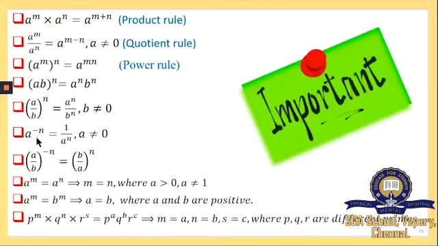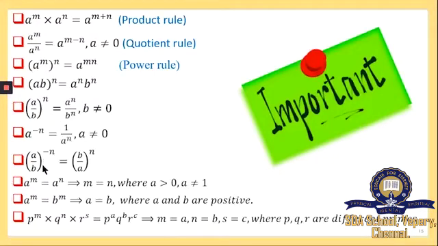And the next law is a to the power minus n equals 1 by a power n, provided a should not be equal to 0. So here if a is equal to 0, the answer will not be defined. So they have given condition a should not be equal to 0. In this law, in order to change the negative exponent to the positive exponent, they will reciprocate the base term. So that is what they have done here. In order to change the negative exponent minus n to a positive exponent n, they are reciprocating a term here. Okay.